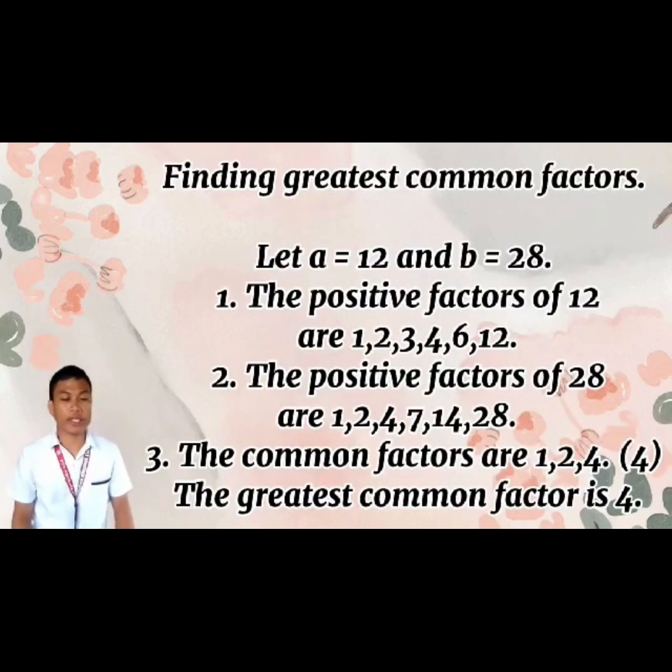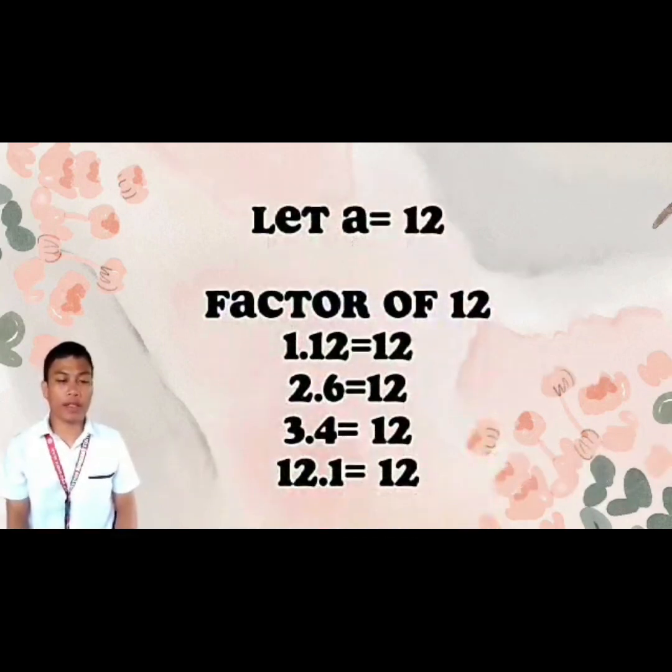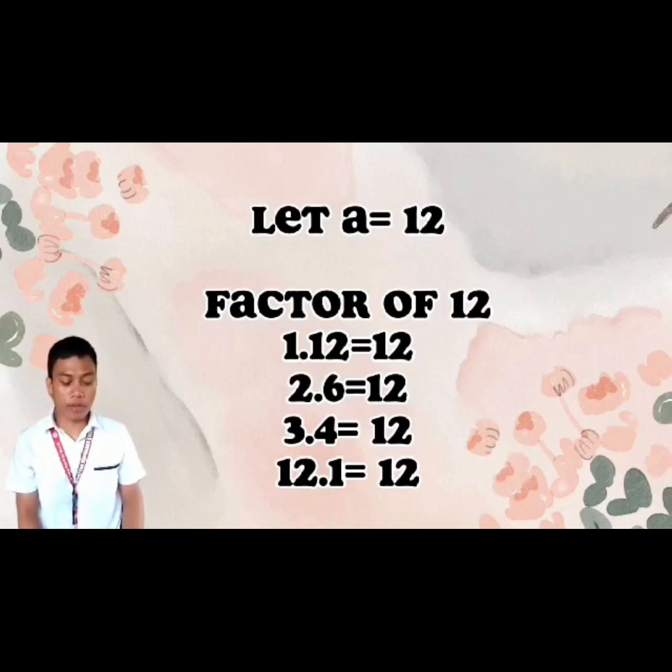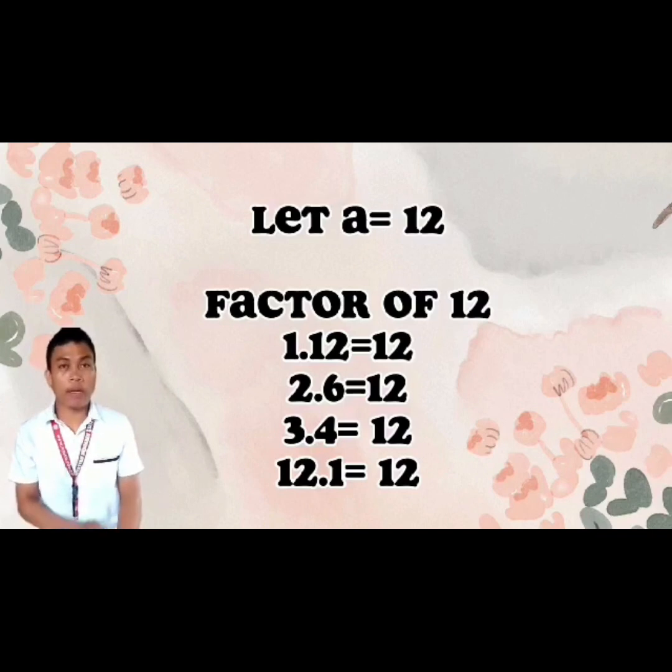Let a be equal to 12 and b be equal to 28. In our step 1, list the positive factors of both a and b. These are the factors of 12: 1 times 12 is equal to 12, 2 times 6 is equal to 12, 3 times 4 equals 12, 4 times 3 equals 12, 6 times 2 equals 12, and 12 times 1 is equal to 12.